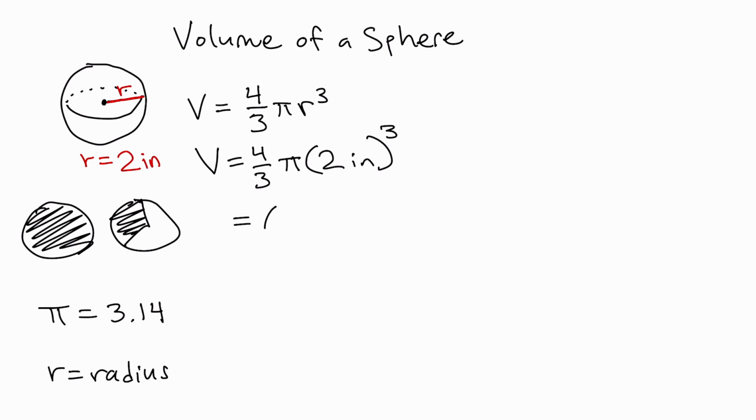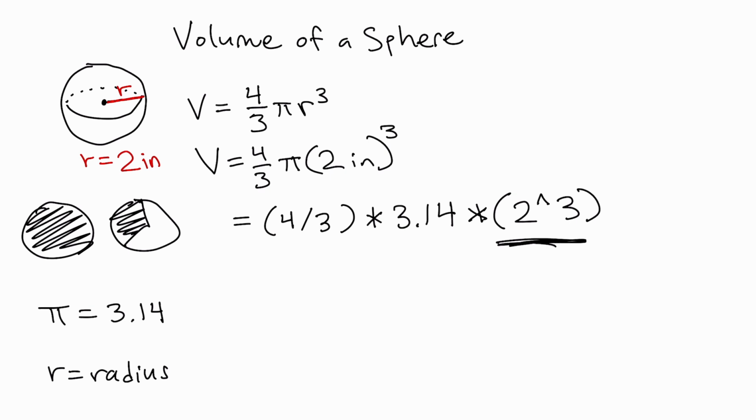So what I like to do is first put 4/3 in parentheses, then multiply that by 3.14, and then multiply that by parentheses 2 to the power of 3. And I like to put the parentheses around 2 to the power of 3, just in case, so that every term is separated as it should be.